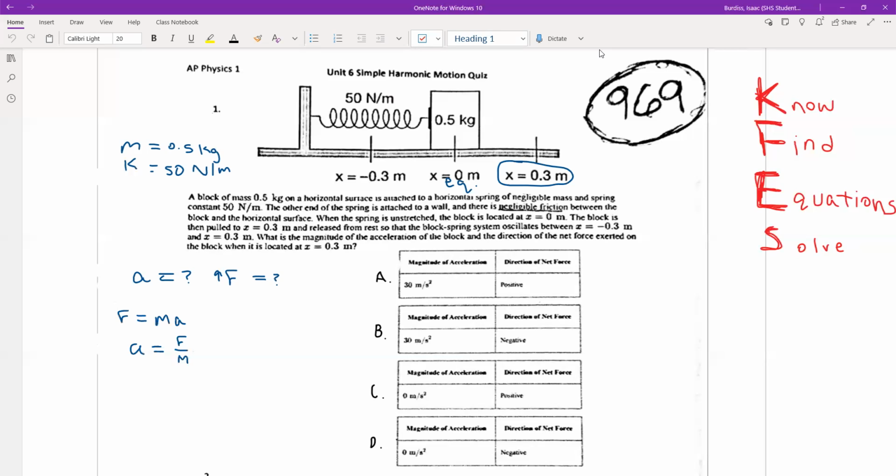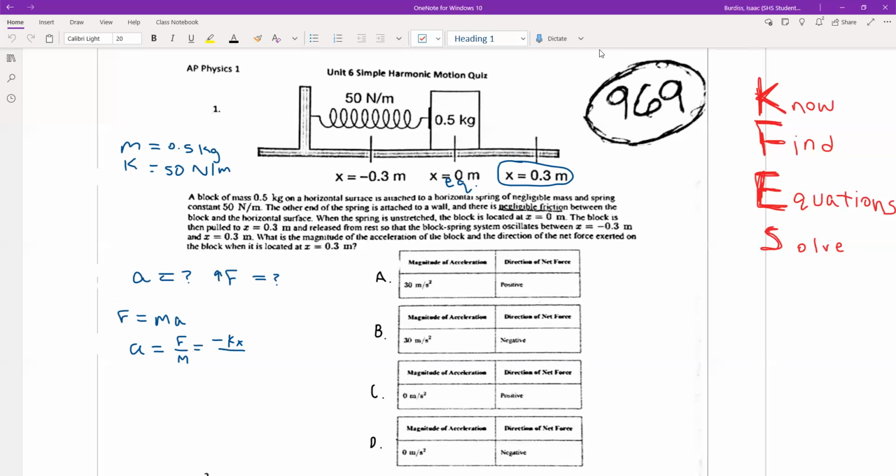Now, this doesn't tell us what we need to know yet. So can we change the F or m based on what we're given? We only know m and k, we don't know F. Well, we know that F by Hooke's law is negative k times x also.